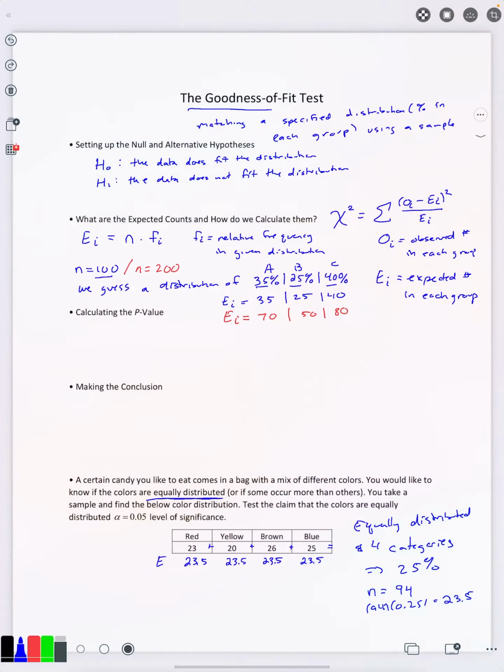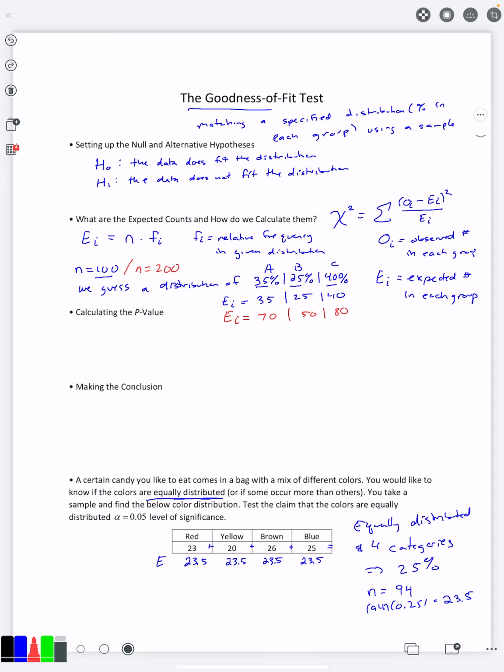So if we want to find the degree of freedom here, in the past, our degrees of freedom was n minus 1. And you might say, oh, well, my sample size is 94, so degrees of freedom 93. That is actually not going to be correct. I did warn you before that we were going to have different degrees of freedom in different problems.